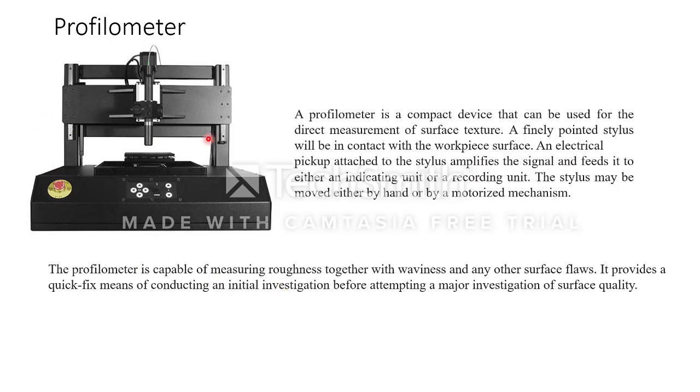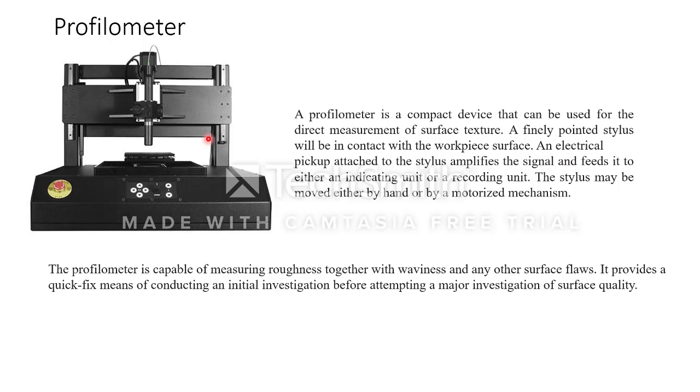It can't measure the surface texture perfectly. It can only measure the outer layer, what is happening over that surface texture, but it can't go into more detail. This is the main disadvantage.